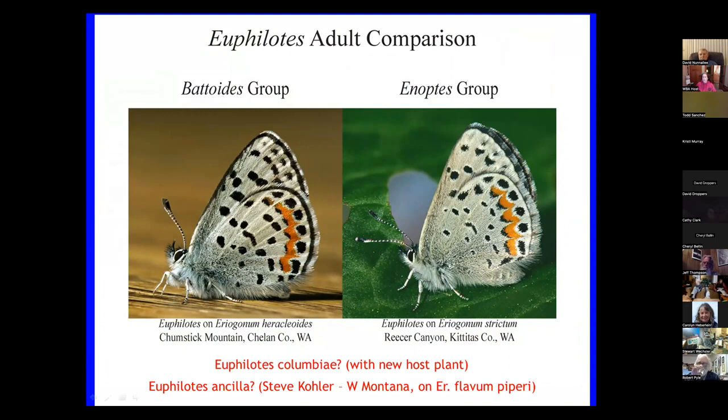And I've been to this same patch of yellow buckwheat previously and found absolutely nothing on it. And that was a little earlier in the year. But by mid-June, the flowers had opened up a bit more. And there were actually, I think, 6 or 7 species of butterflies that were using the plants at that time, including that Euphilotes. So that was mid-June.